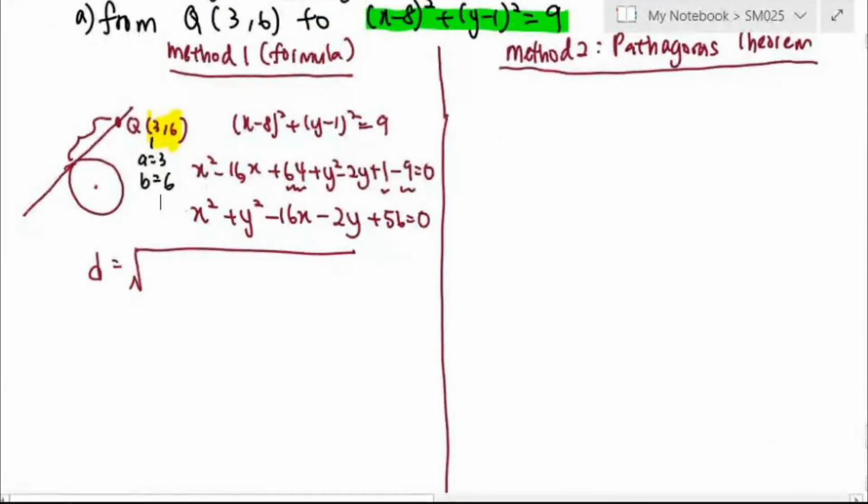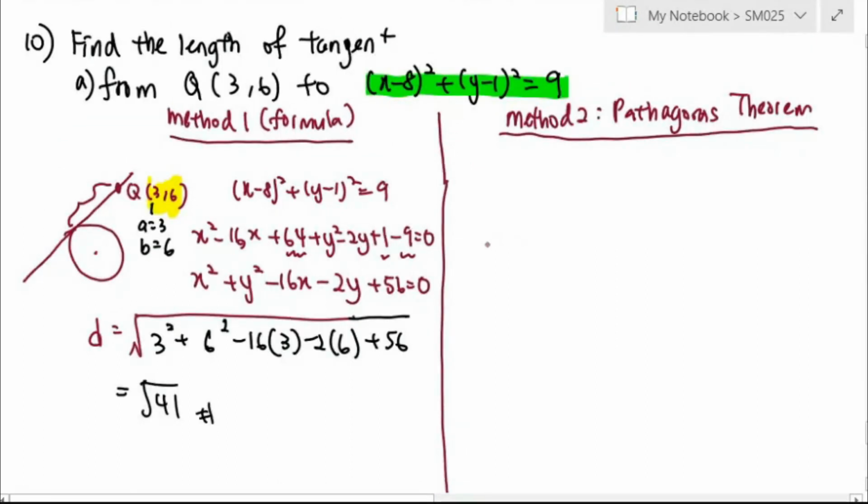Substitute the X coordinate, 3 squared, and the Y coordinate, 6 squared, minus 16 times 3, minus 2 times 6, plus 56, then square root. So the length will be square root 41.